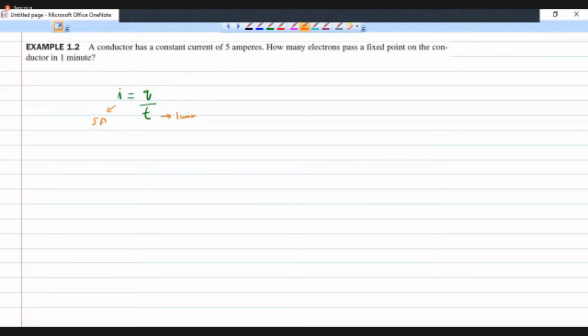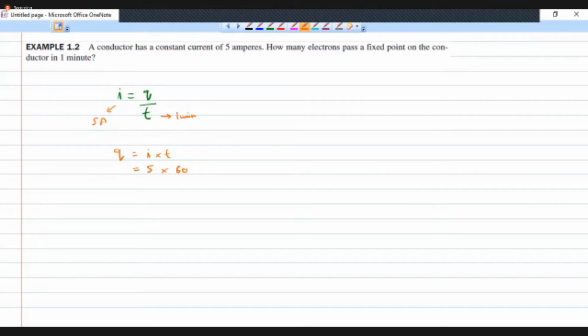How much charge is flowing in 1 minute? We can write Q as equal to I into T. So I is 5 amps and T is 1 minute, that is 60 seconds.